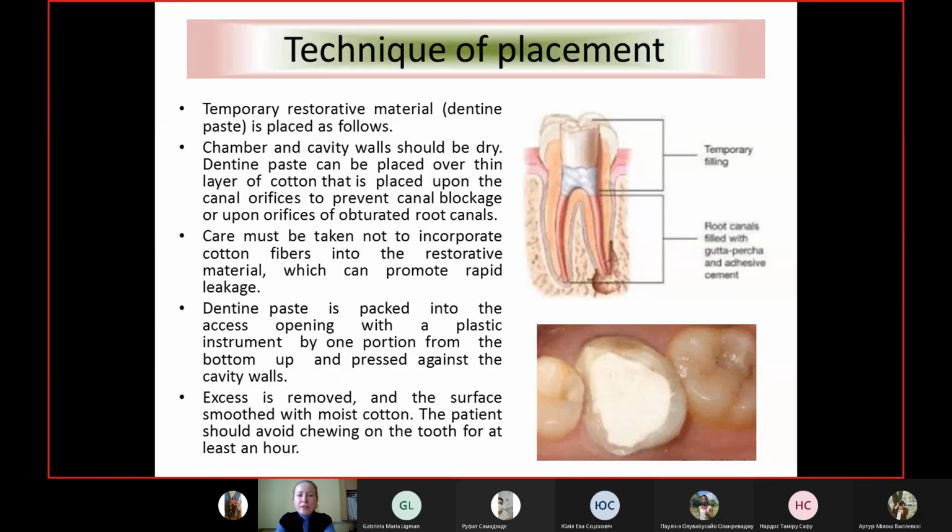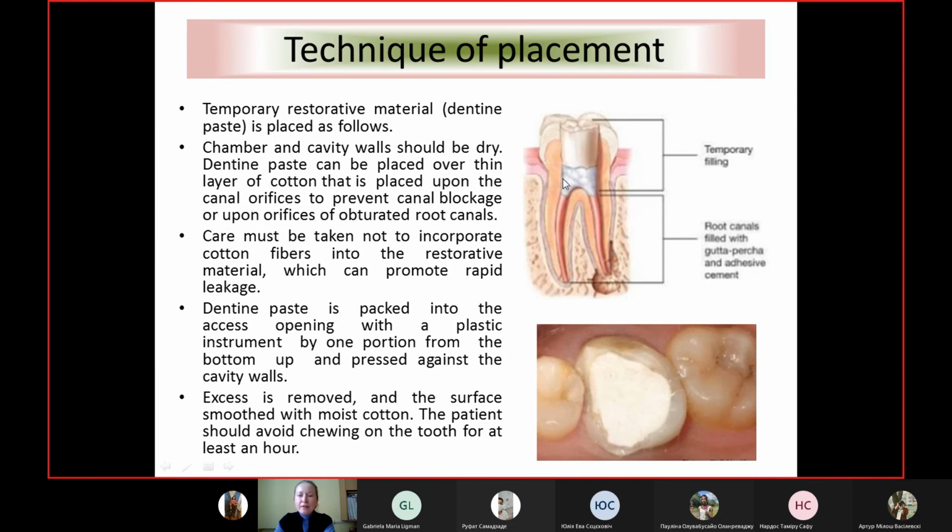Taking into account that temporary restoration is of great use in endodontic practice, the pulp chamber of the root canal should be covered by a small ball of cotton, and then above it dentine paste is placed.